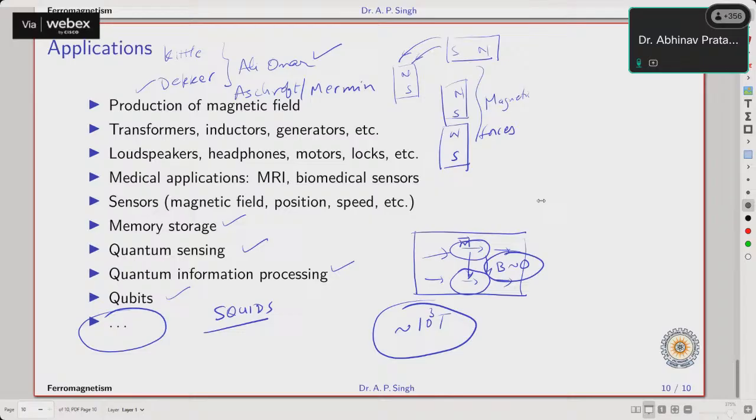But will they be able to measure the magnetic field of one dipole? Maybe not. Frankly, I don't know whether there is such a machine where you can actually sense the magnetic field of one particular dipole. But for example, in case of MRI, when you have some number of dipoles, then those fields can be read very easily using SQUIDs. So I may have to check whether SQUIDs can measure the magnetic field of one dipole or not. That I'm not sure about. But this is one of the most sensitive equipment that you can use to measure magnetic fields.